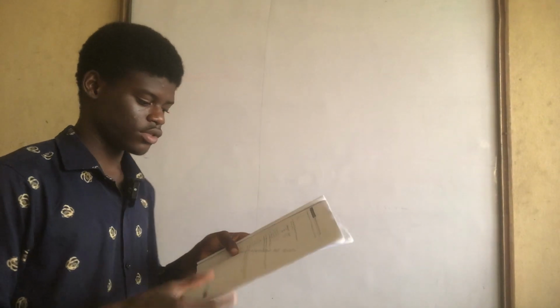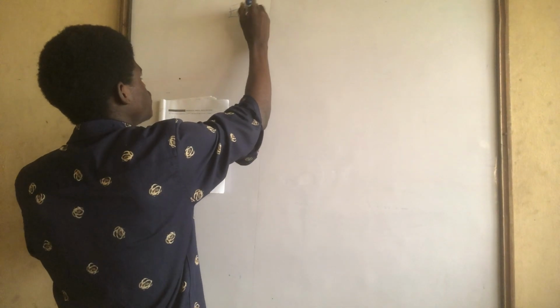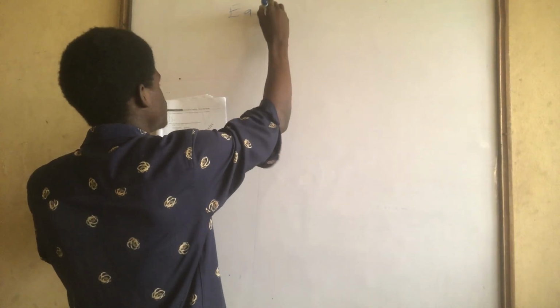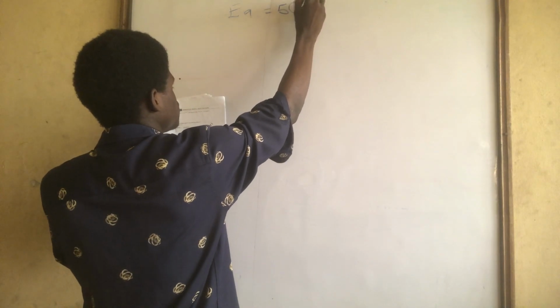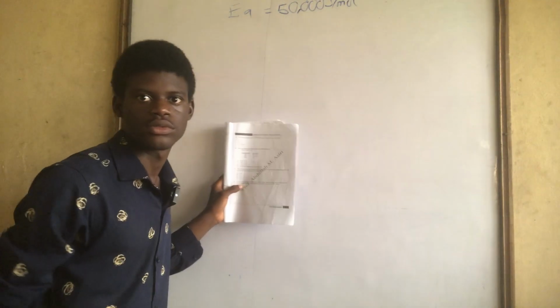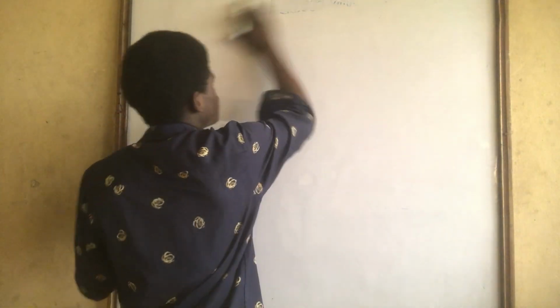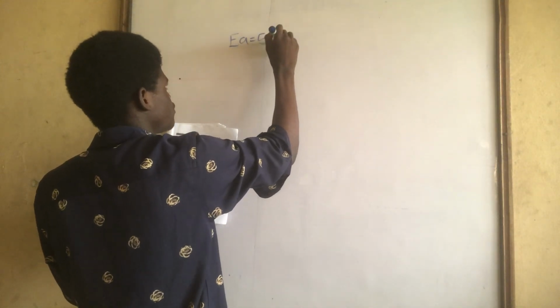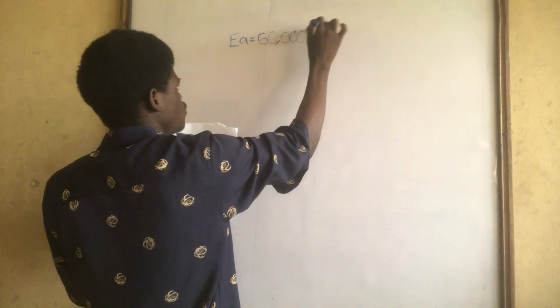Question 48 is also the same question. They just change the value. They said if the activation energy for a certain biological reaction is 50 kilojoule per mole, that will be 50,000 joule per mole.